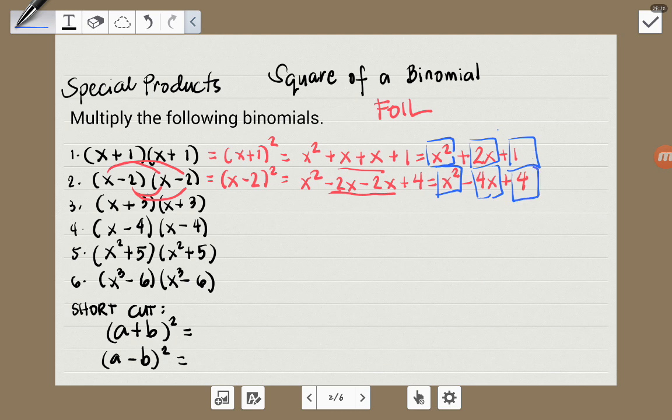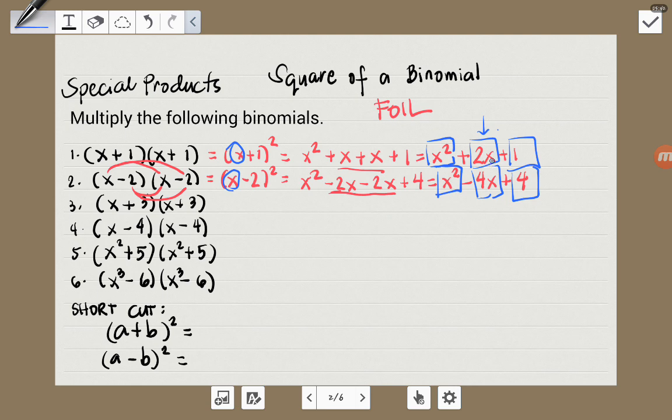Yung tatlong terms na yan, tingnan natin yung first terms. Yung first term ay x square, which is square lang itong first term. Same with this one, square din ito.